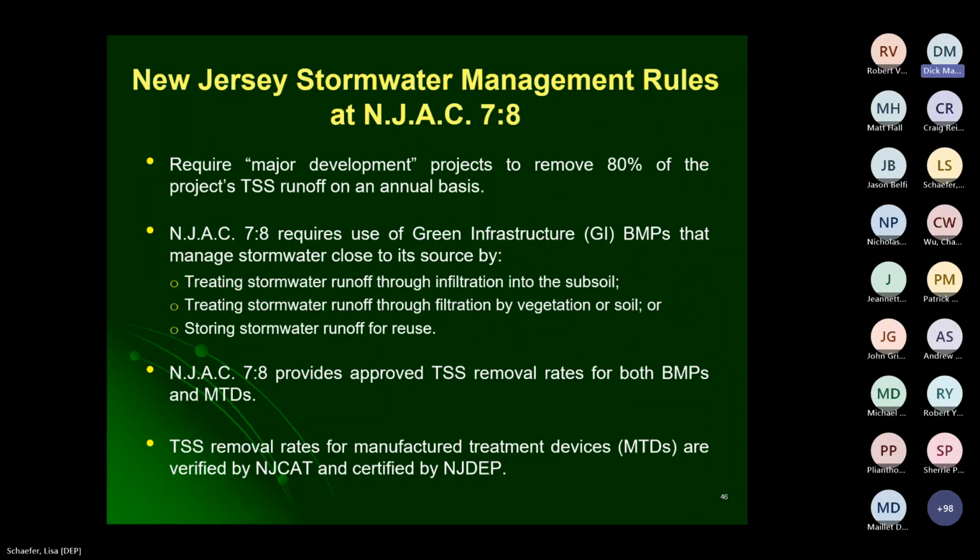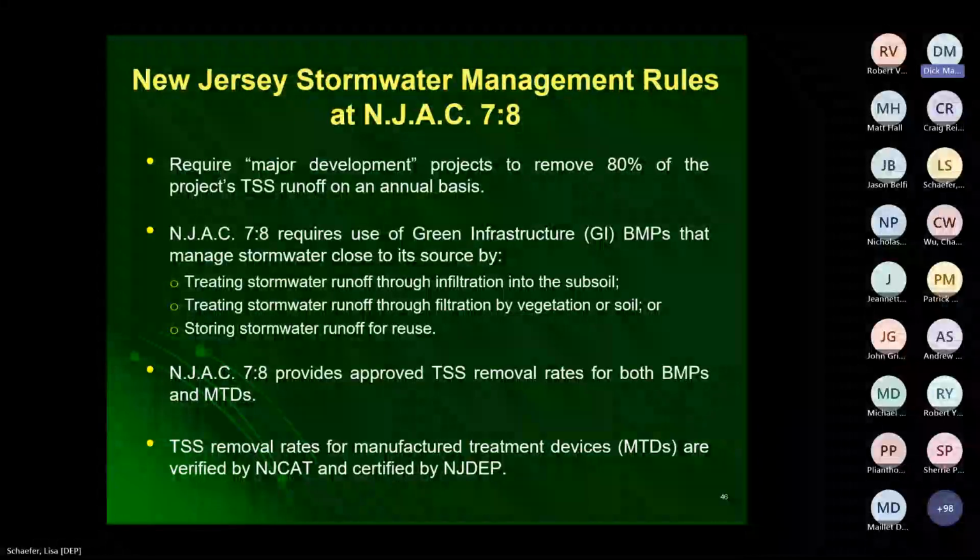I think you all know at this point that the New Jersey Stormwater Management Rules, which are found at NJAC 7:8, require major development projects to remove 80% of the project's TSS runoff on an annual basis.